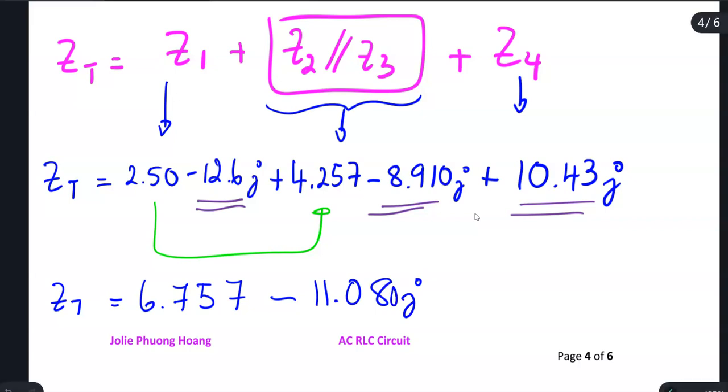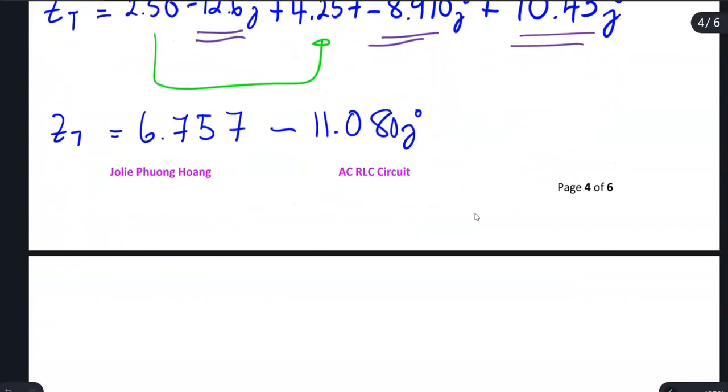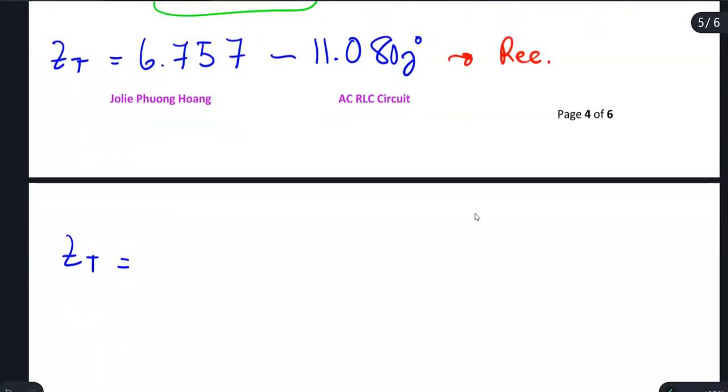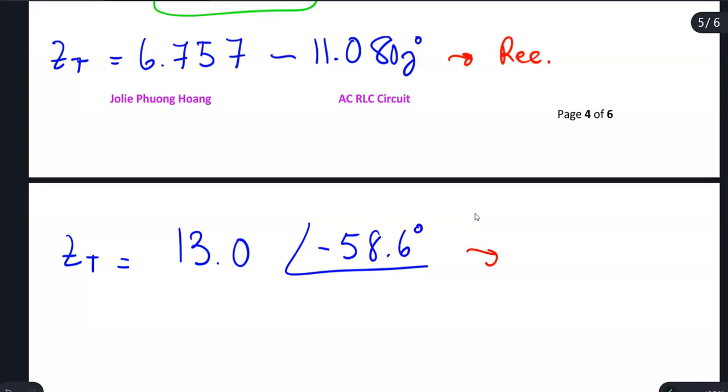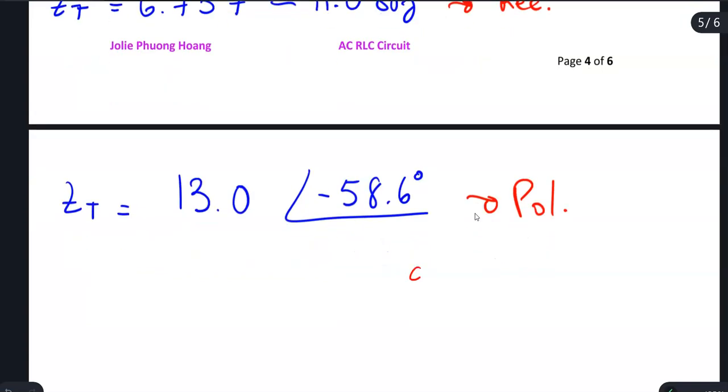Okay, so here it should be the 0. So for me to give the final answer in polar form, this one is in rectangular, and in polar form I should have it as 13.0 minus 58.6 degrees as polar. Okay, and also as 3 significant digits.